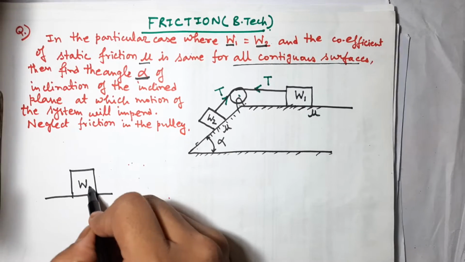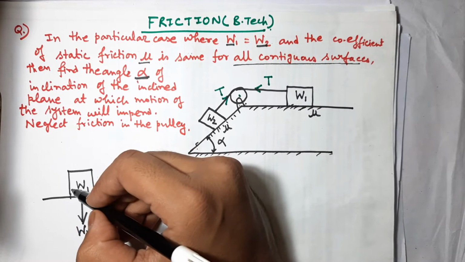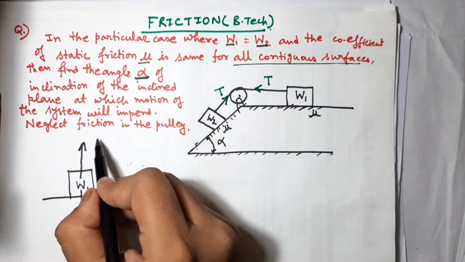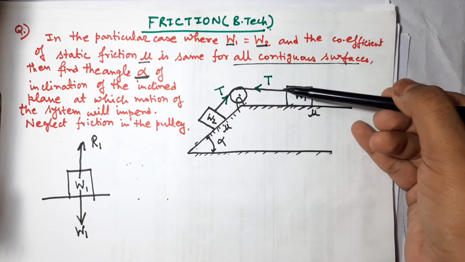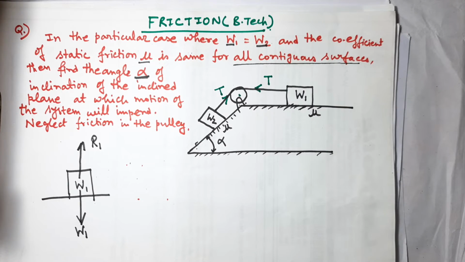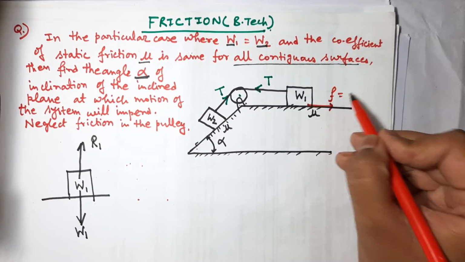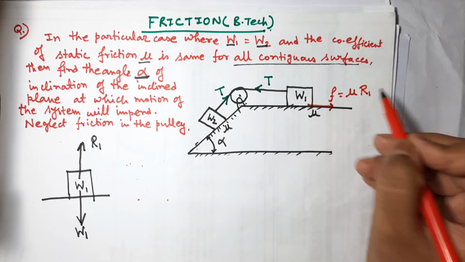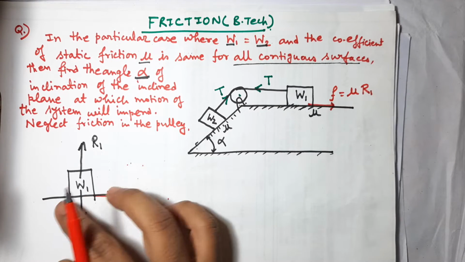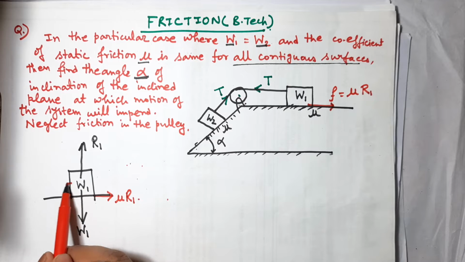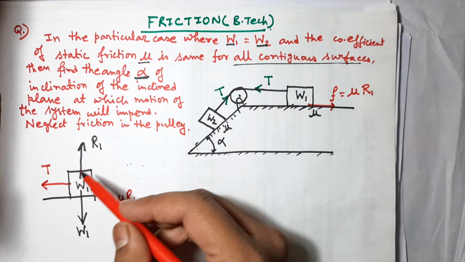Vertically downward is the weight, and the reaction is R1. The block wants to move in this direction, so friction acts in this direction. The frictional force is mu into R1. Tension acts in this direction. These are the forces on W1.